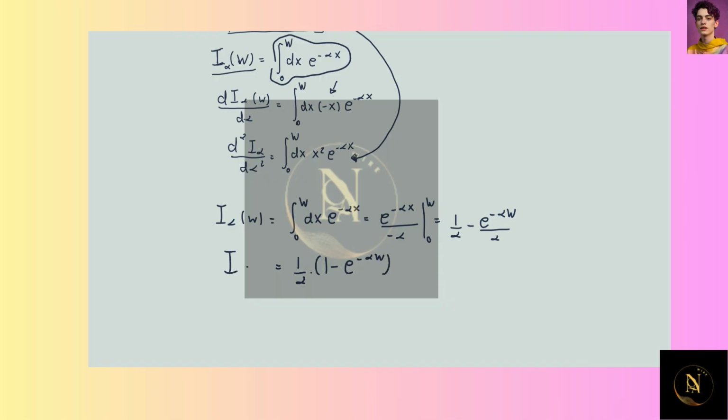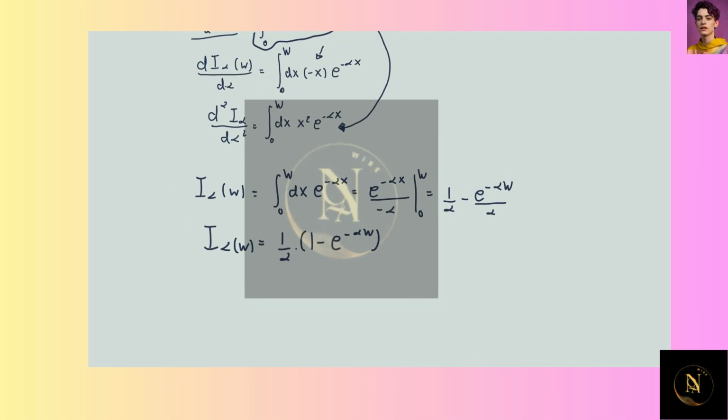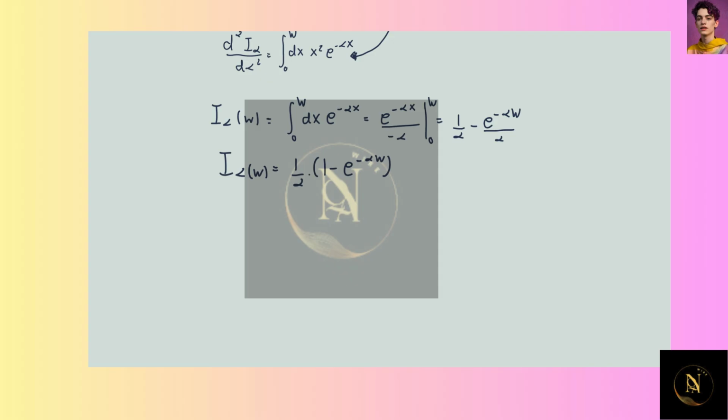So this is I alpha of w. We have to evaluate the second derivative of this integral. So the first derivative is as follows. dI alpha over d alpha is equal to the derivative of the first one, which is minus 1 over alpha squared, times the second one, plus the first one times the derivative of the second one, which is minus w e to the minus alpha w.